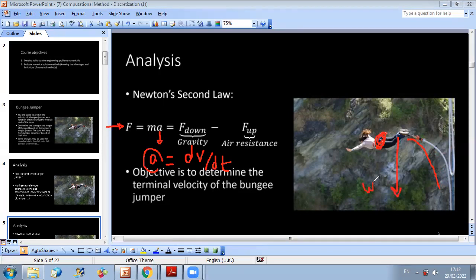Now, if I simulate the person by its center of mass, G, and it's attached to the cable, you have the weight and you have the tension developed. Of course, when the cable is extended, it will develop a tension. And when the cable is not extended, like here, it's not in tension.